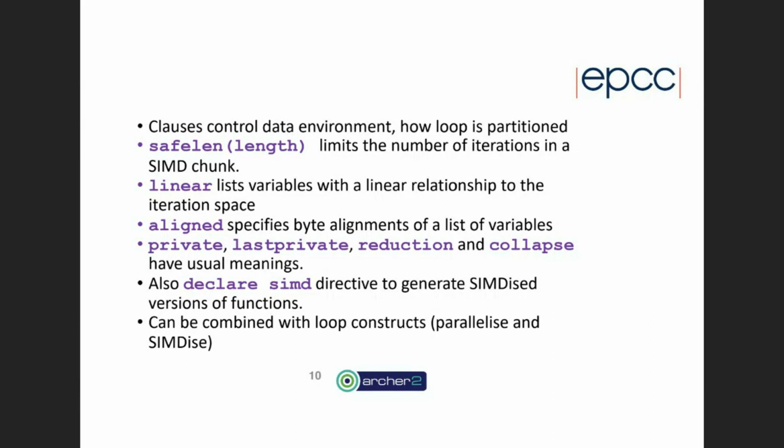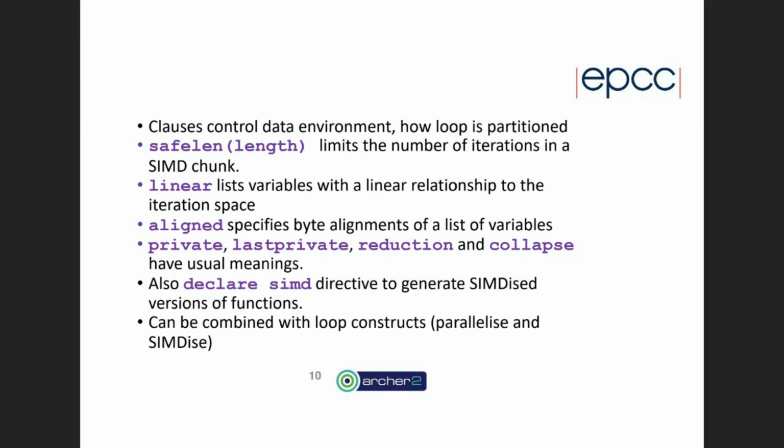You can specify a safelen, that's an upper bound on the number of iterations in a SIMD chunk. You can have a linear clause, which lists variables with a linear relationship to the iteration space, otherwise known as induction variables. So a variable that's incremented by a constant amount on every iteration, for example.